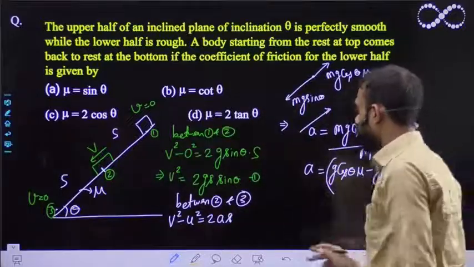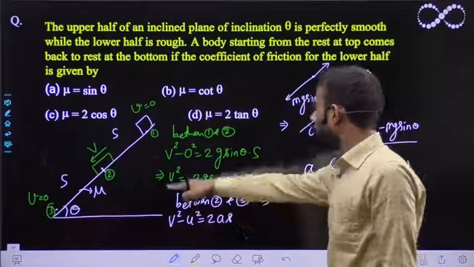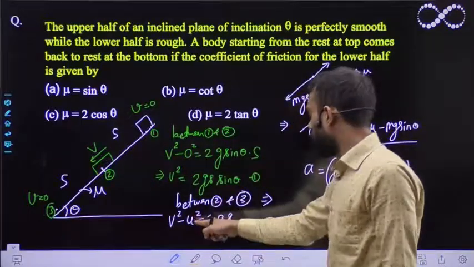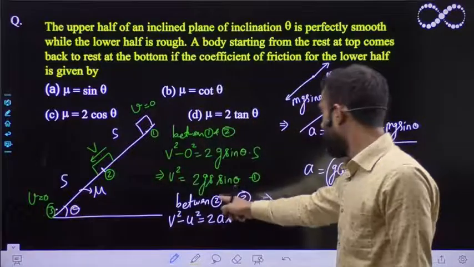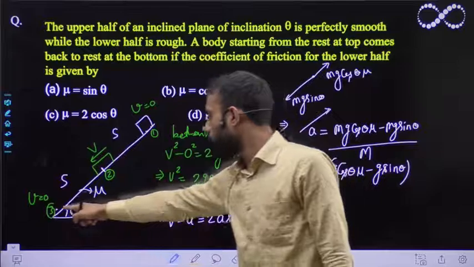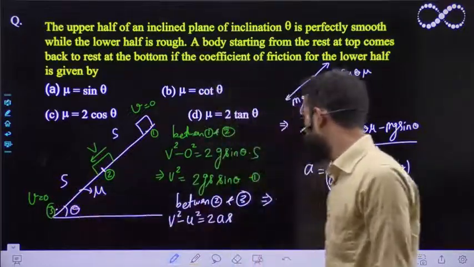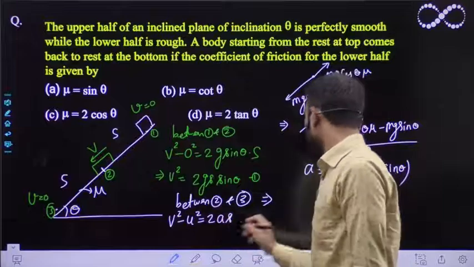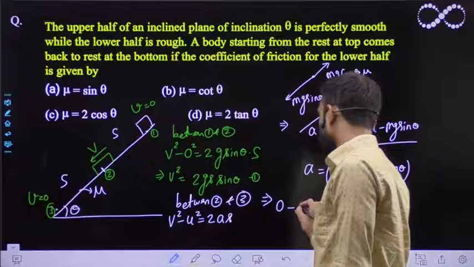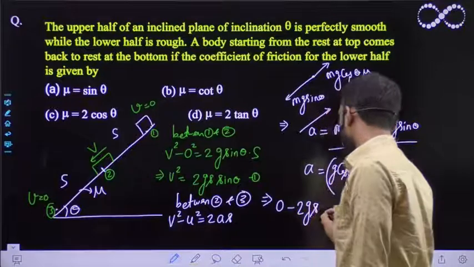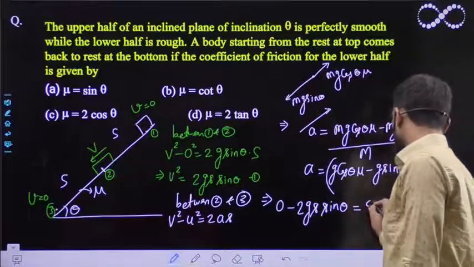Now I can write the equation between 2 and 3. So v square minus u square. Finally the velocity will become 0, because 3 is the final position and at this position the block comes to rest. So this is 0, minus u square, which is 2gs sin theta, is equal to 2a.